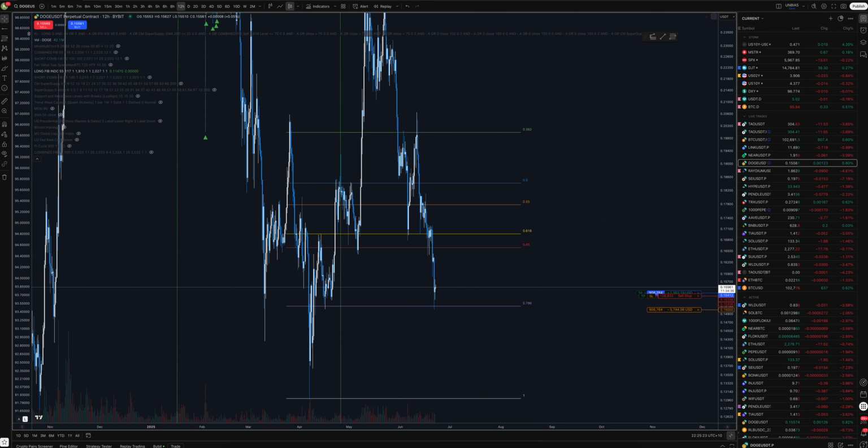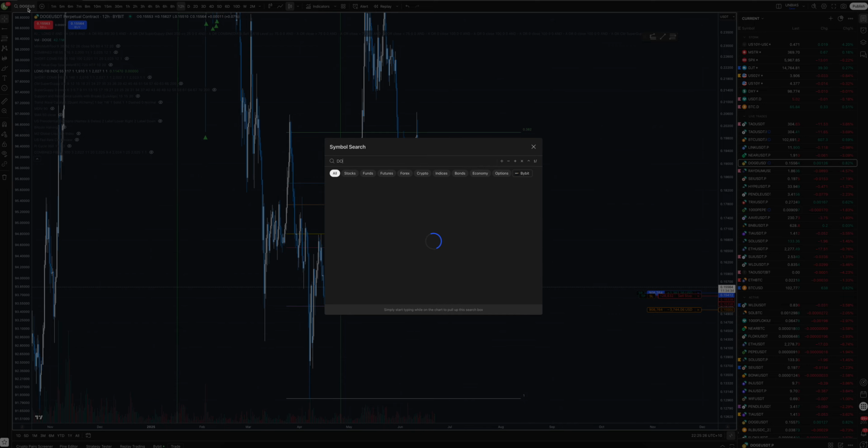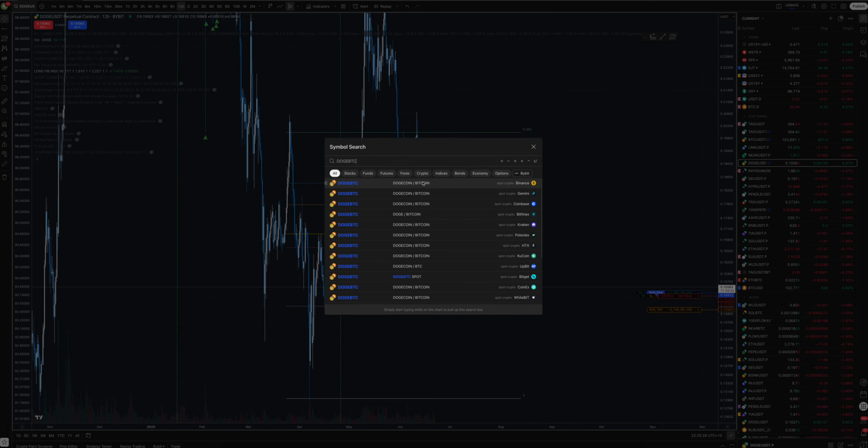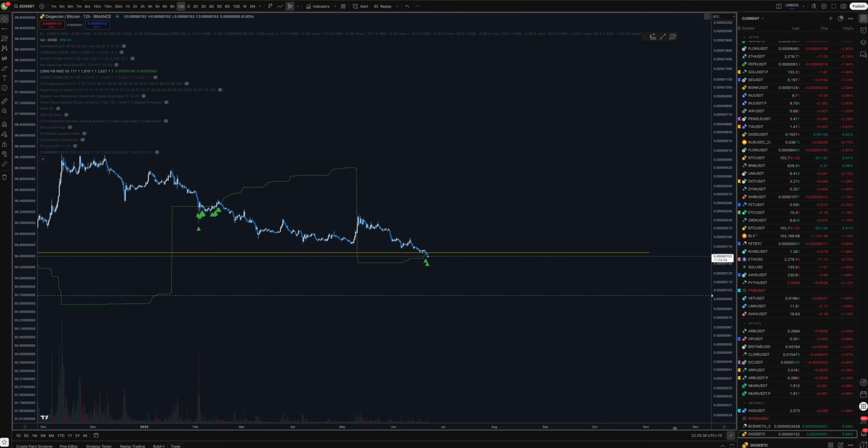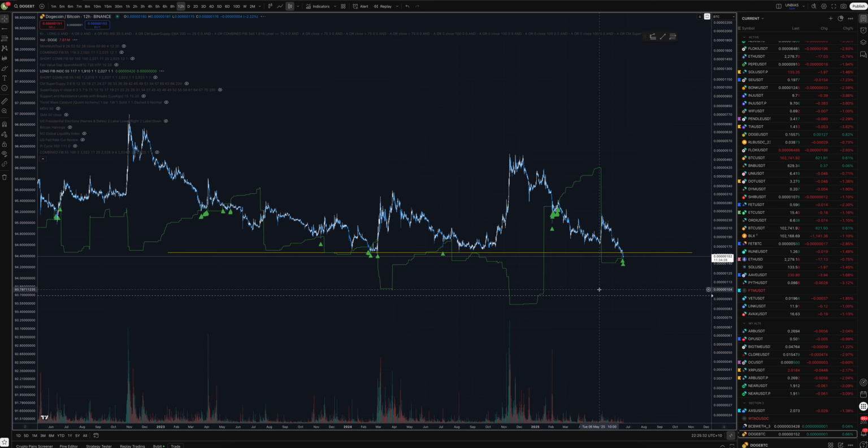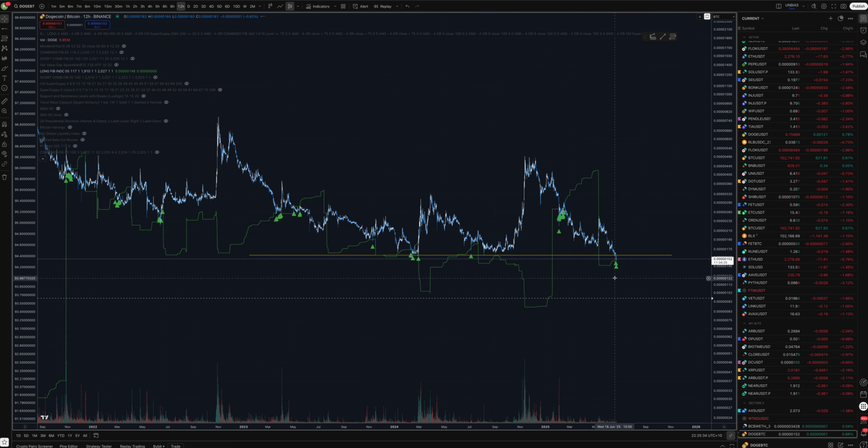Do I have any insider news? No, I don't. But in terms of what the Doge BTC chart looks like, there seems to be potential support here.